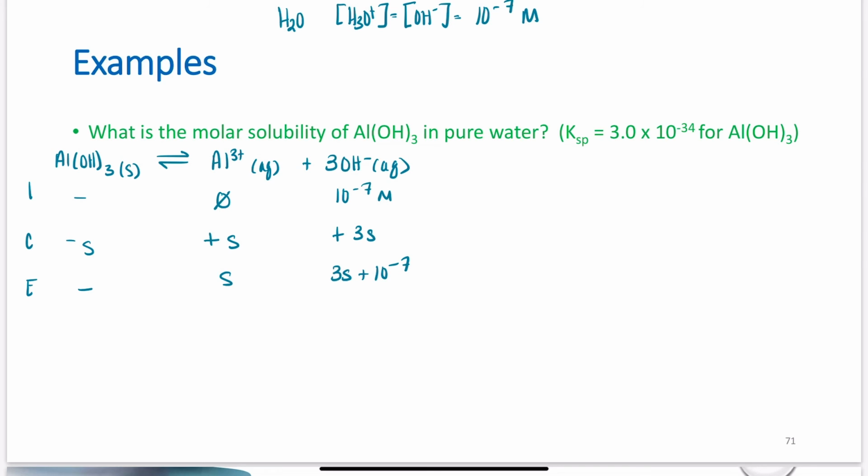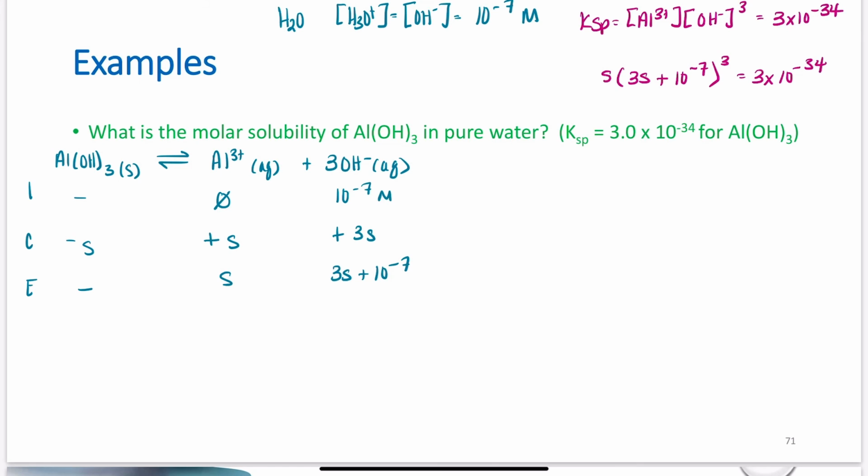We have 2 different approximations we can do here. So let's see, our KSP expression is Al3 plus times OH minus cubed is equal to 3 times 10 to the minus 34. And so if we substitute in our values, S times 3S plus 10 to the minus 7th cubed is equal to 3 times 10 to the minus 34.